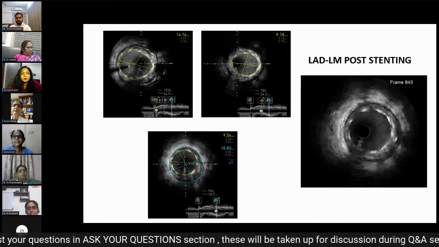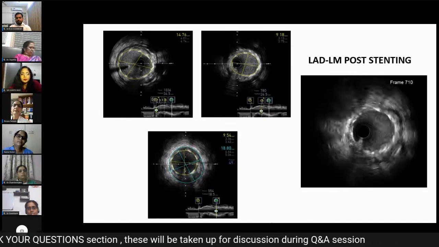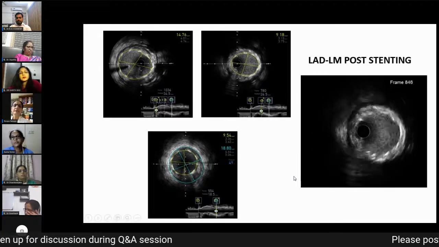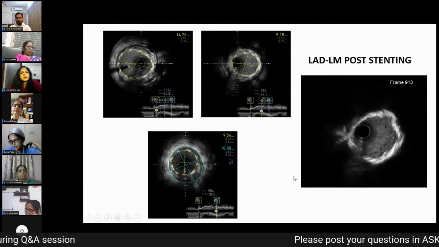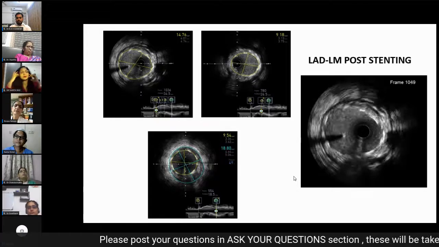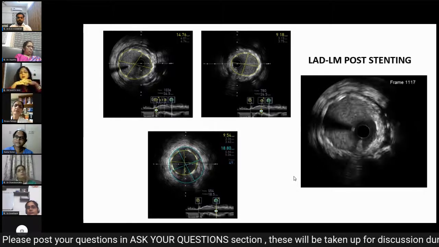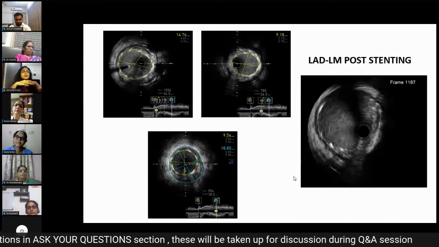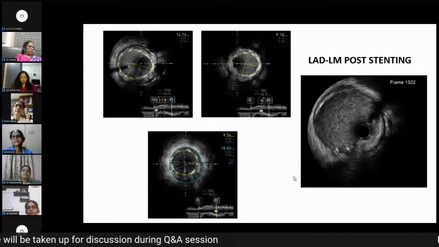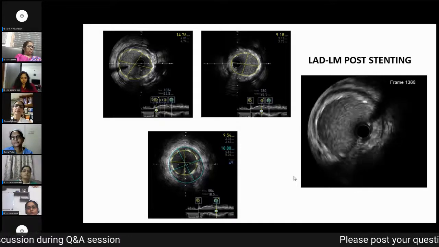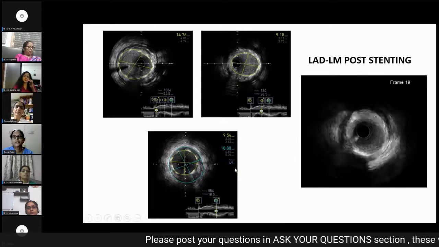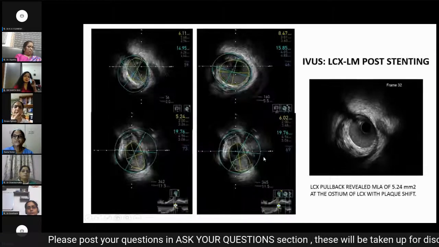There was no dissection. It seemed to be well apposed, and the areas at all points seem to be quite adequate. So that was the IVUS from the LAD.